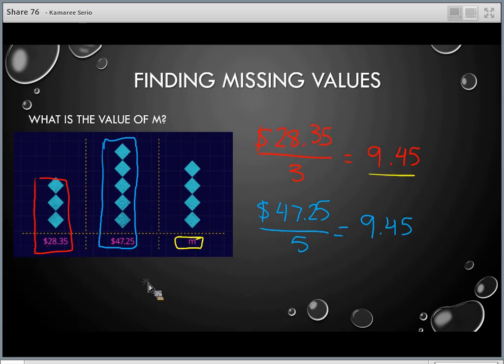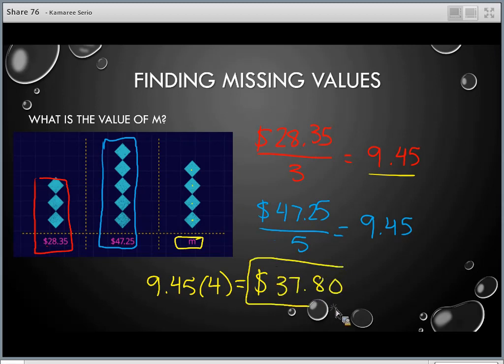So what I'm going to do to figure out what this M is here, I'm going to take 9.45 and multiply it by 1, 2, 3, 4 diamonds. So if I take 9.45 times 4, I get $37.80. Okay, so that means that M is equal to $37.80.